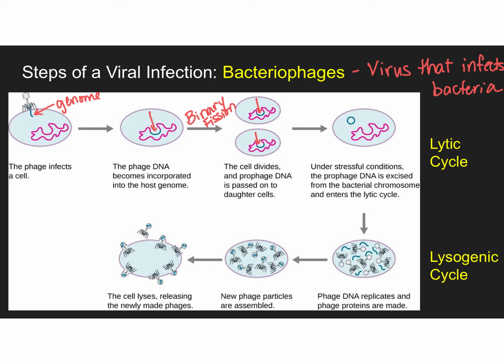So here it's showing one cell forming two cells. These two cells can then do binary fission to make 4 cells, which can make 8 cells, which can make 16, et cetera, until you have this kind of exponential growth of bacteria that all have this little piece of bacteriophage gene or genetic material incorporated in their genome.